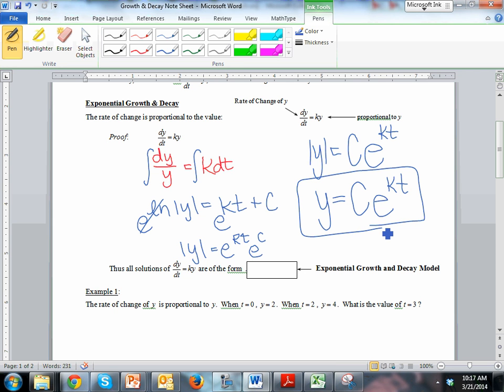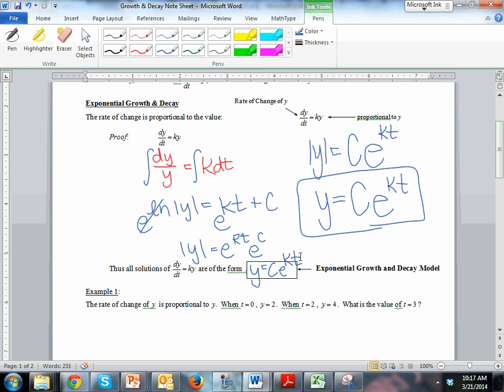So, if you see that your rate of change is directly proportional to the quantity, instead of going through this process every time, you know that it's going to be y equals c e to the kt. If you can remember this, you can do the problem.